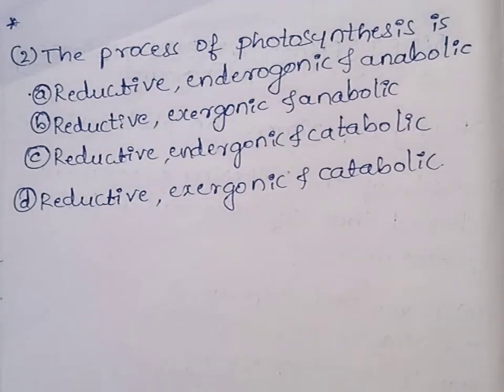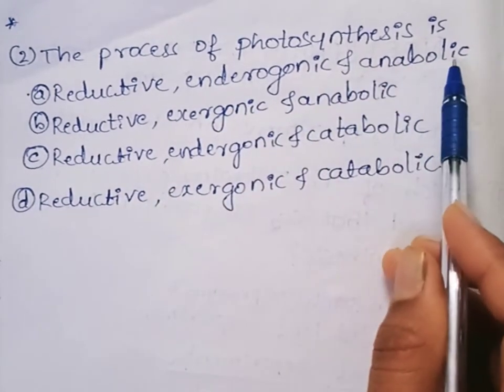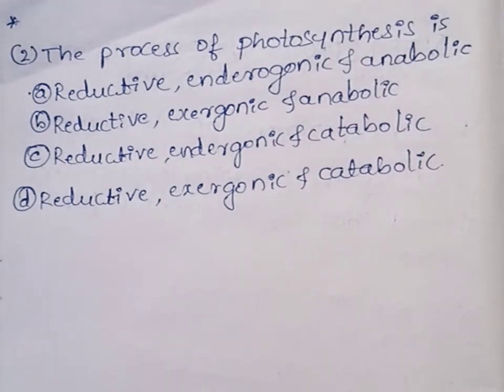Before selecting the right answer, first we have to know the meaning of all those terms. What is the meaning of anabolic? Anabolic refers to a constructive process. Photosynthesis is the best example of a constructive process and respiration is a catabolic process.